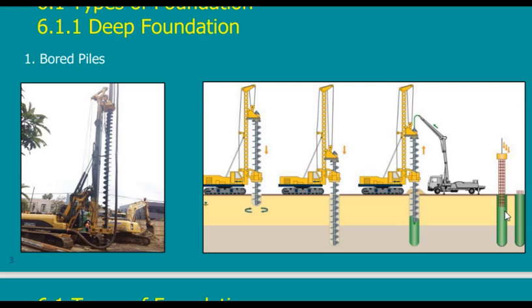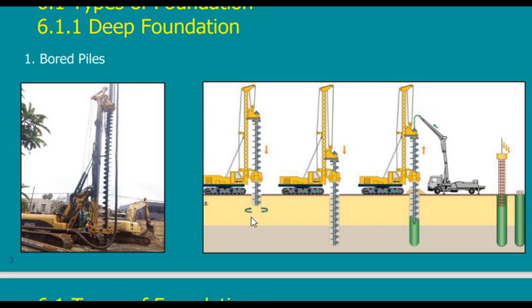Usually this is very bad, because the reinforcement does not reach the bottom of the pile, and it may not reach even half the height of the pile. So in this case, we pour the concrete first, and then we try to insert the reinforcement in place as much as we can.